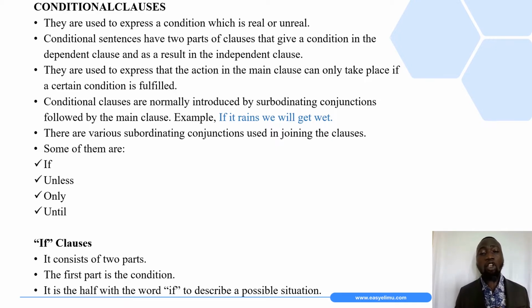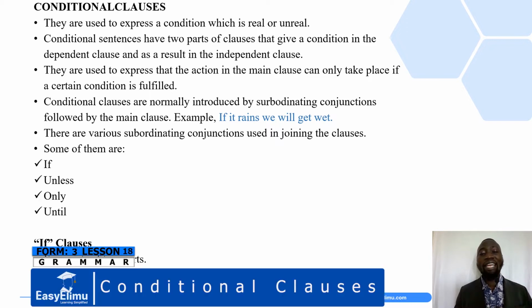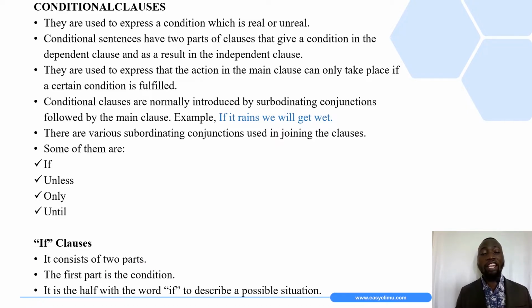Whereas an independent clause is a clause or a part of a sentence that is in the form of a simple sentence, meaning that it is able to express a complete thought on its own.